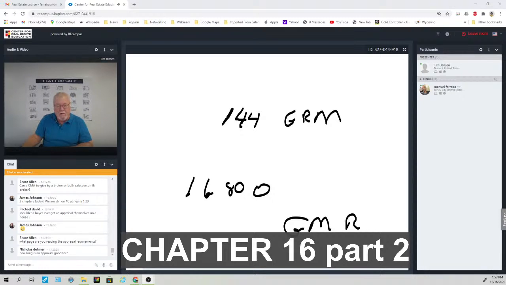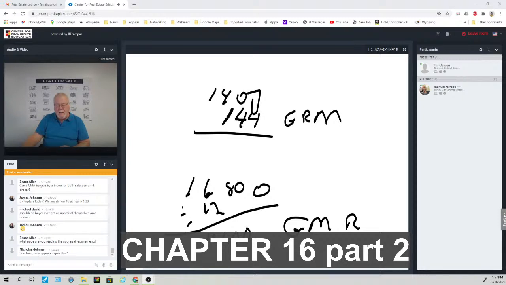That's the yearly rent divided by 12 monthly equals $1,400 a month. So the gross monthly rent is $1,400. The gross rent multiplier is 144. So 1,400 times 144 equals a value of $201,600.